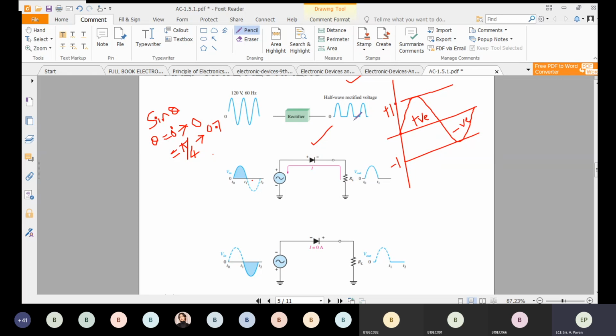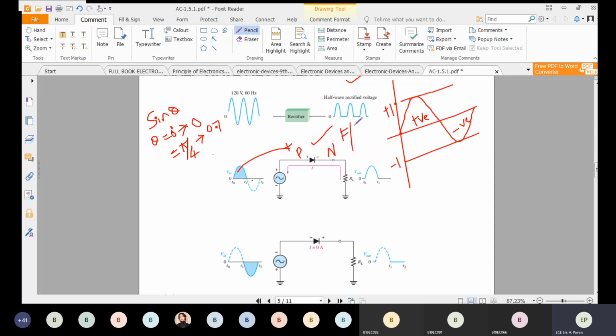During this positive half cycle, all the values are positive. This is the P side of the diode, and this is the N side of the diode, right? So we are applying positive voltage to the P and negative voltage to the N. So this diode is in forward bias.